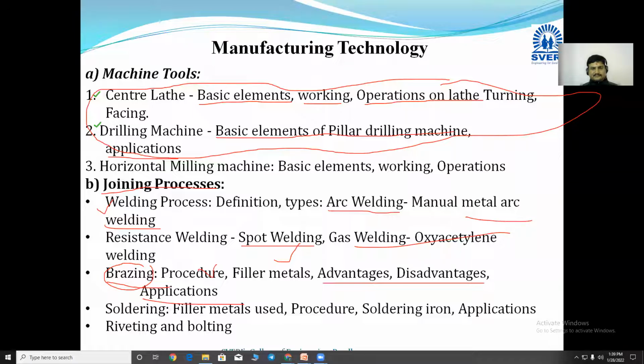Whenever any electronic equipment is not working properly, we are calling an electronic mechanic. He is opening your TV, radio or mobile, and he is doing soldering over there. There is a soldering gun, a small soldering gun. Have you seen it? Yes, sir.